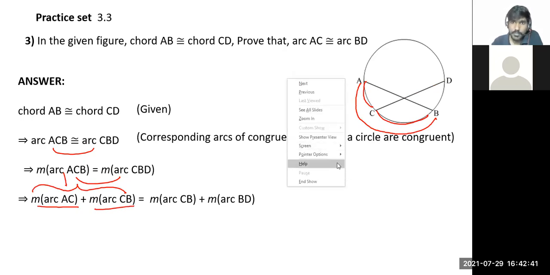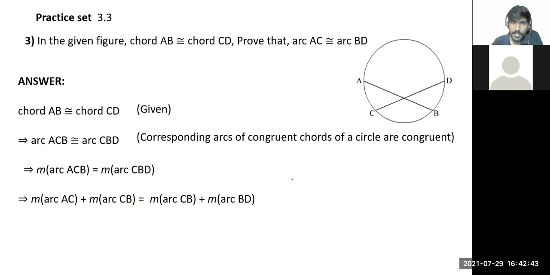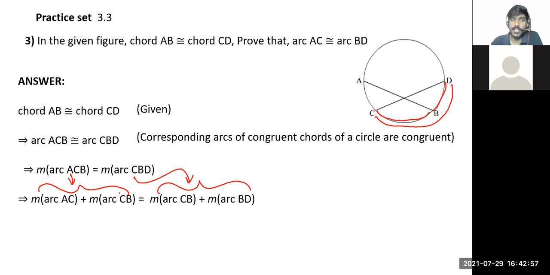Similarly, look at arc CBD. Arc CBD is nothing but CB plus BD. So this is replaced with arc CB plus BD, and this is replaced with measure arc AC plus CB. This step, is it clear? Yes. Okay.